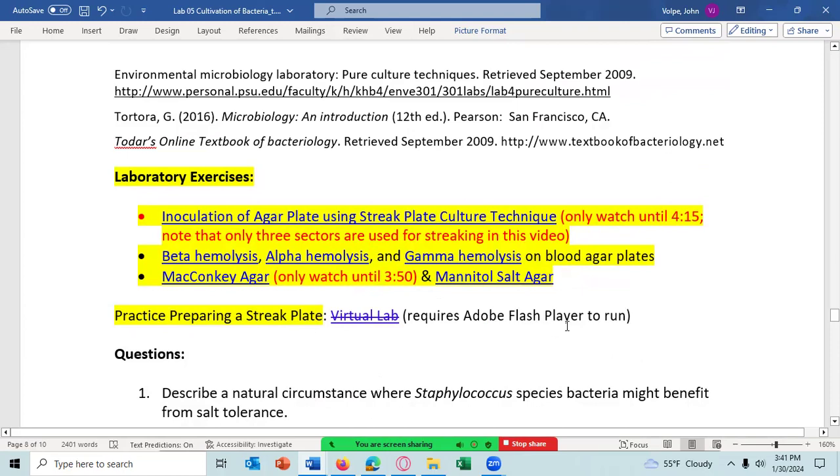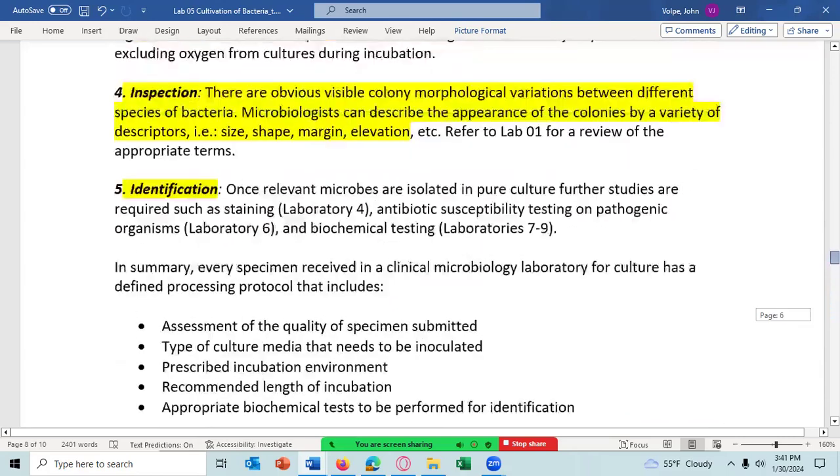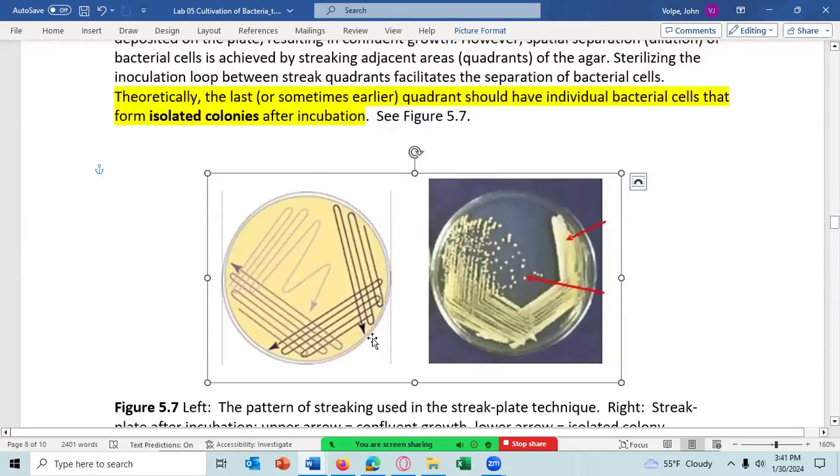And you should note that the author of this video only streaked out 3 sectors instead of 4 sectors, which is shown here. It doesn't matter if you only streak out 3 or 4. The purpose of the streaking is to get isolated colonies so that you can then streak it out again to get pure colonies, pure culture.